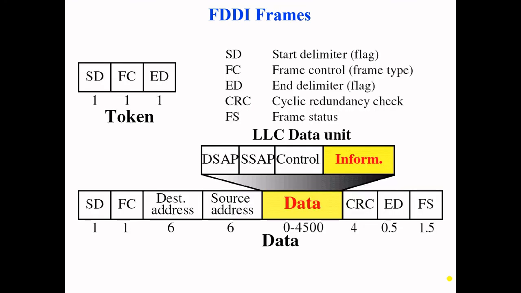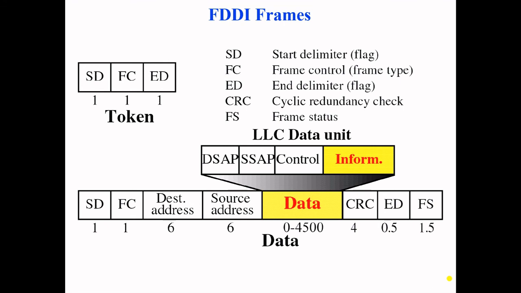Now, these are the FDDI frames, and for the token there are three fields: SD, FC and ED. Start delimiter flag, frame control that represents the frame type, and ED represents the end delimiter.